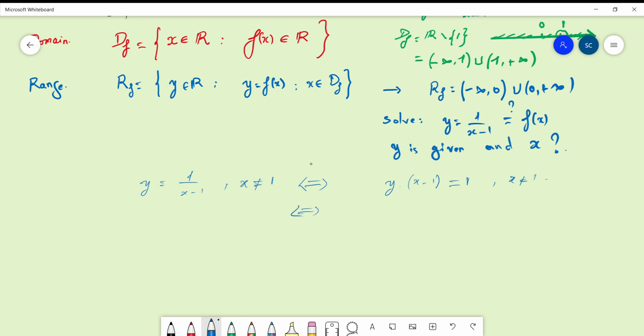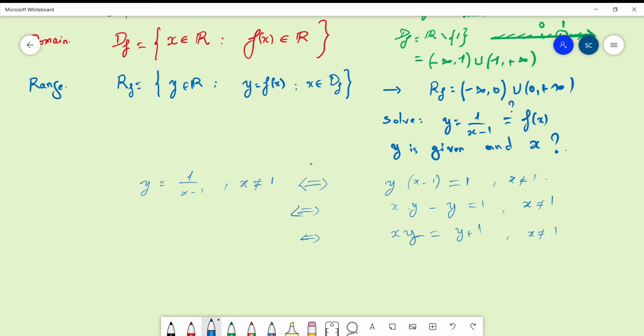So we are looking for x. Let's isolate x. x times y minus y equals 1 with x different from 1. And here, move all the terms to the other side. So you will have xy equals y plus 1 with x different from 1. At this level, pay attention.